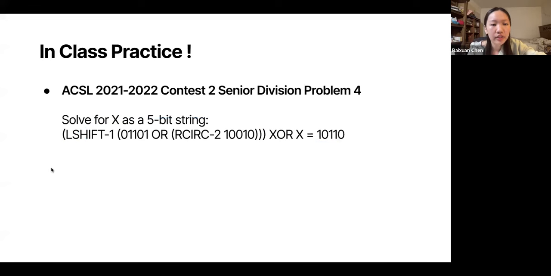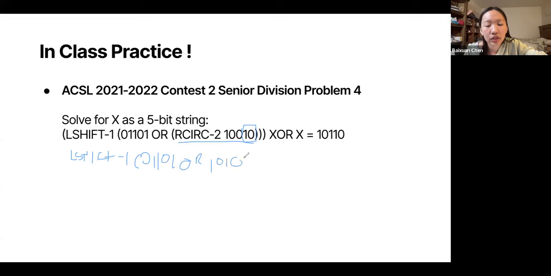following order of operations, we go inside the parentheses first, right here, right? So then it will be right circle 2. So we remove the 2 rightmost digits and we add them to the front. So then this will be left shift 1, 0, 1, 1, 0, 1, or 1, 0, 1, 0, 0, right?